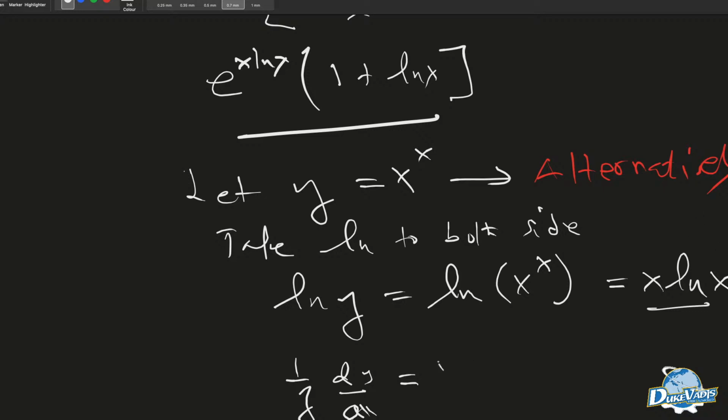This will be x d/dx of natural log of x plus ln x d/dx of x.